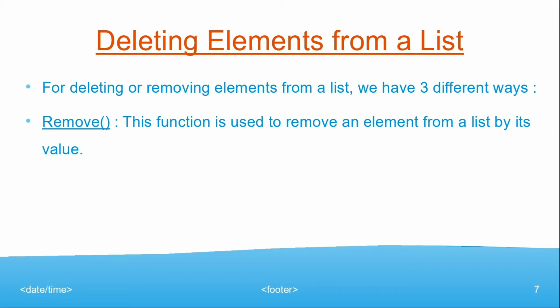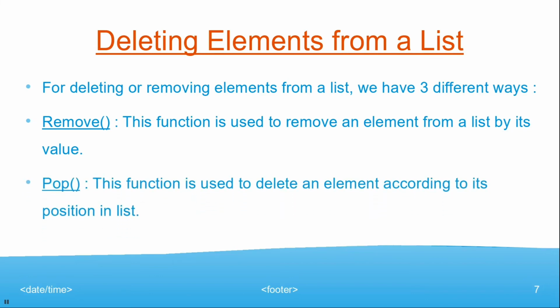For example, suppose I don't know the value of the element I want to delete, but I know the index position at which that element is present in the list. For that, we have another function called the pop function, which deletes the element according to its position in the list. We pass the index position of the element we want to delete, and it deletes that element.